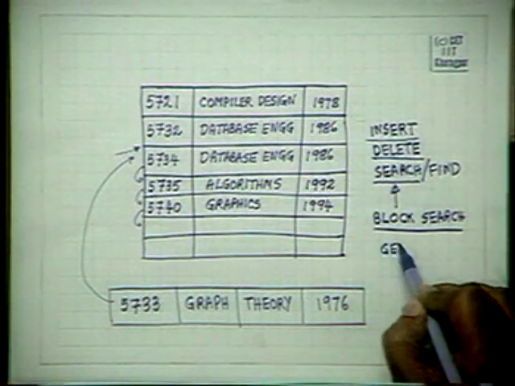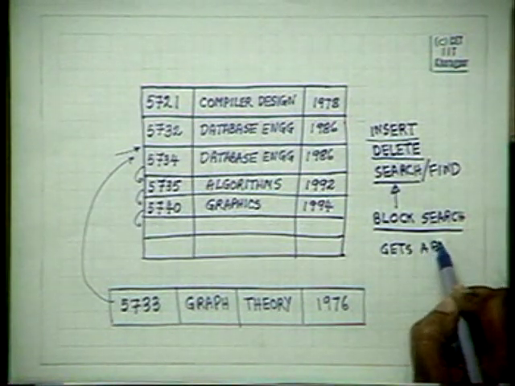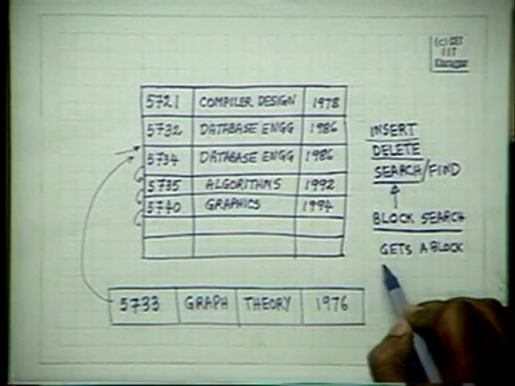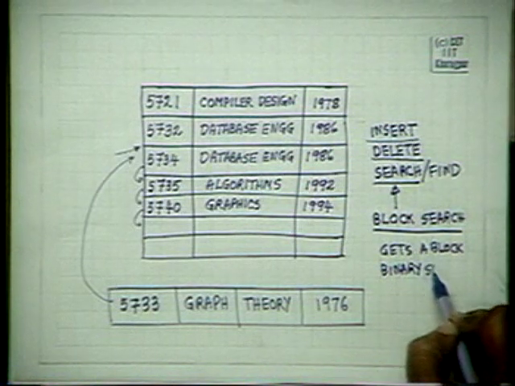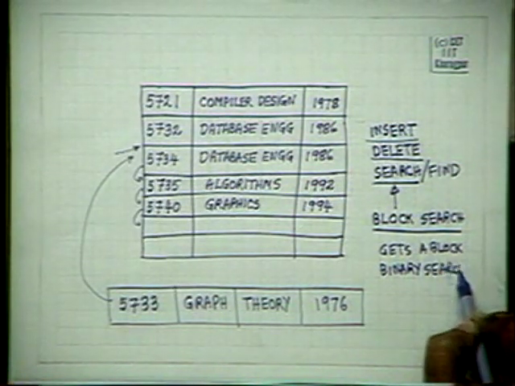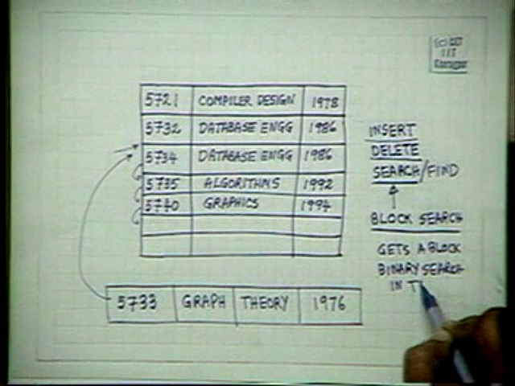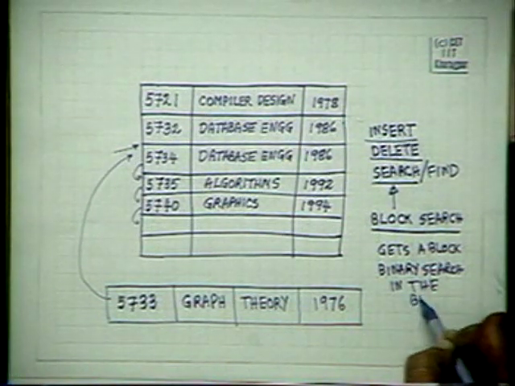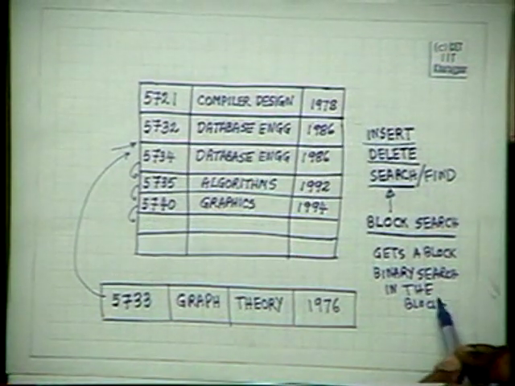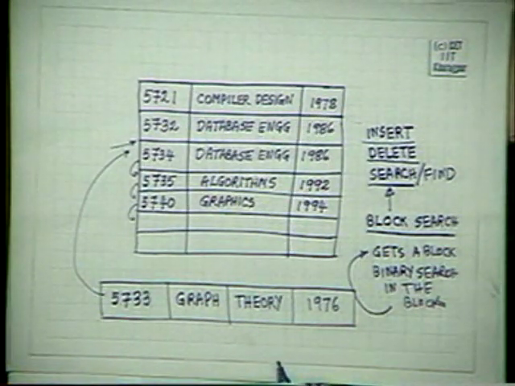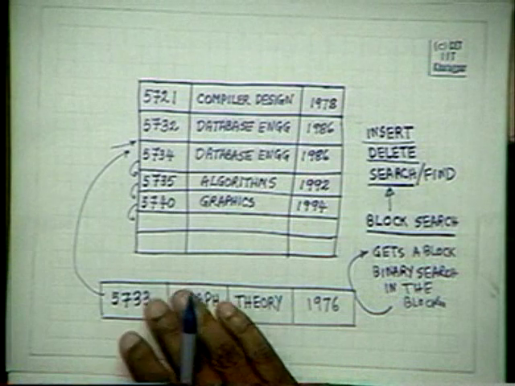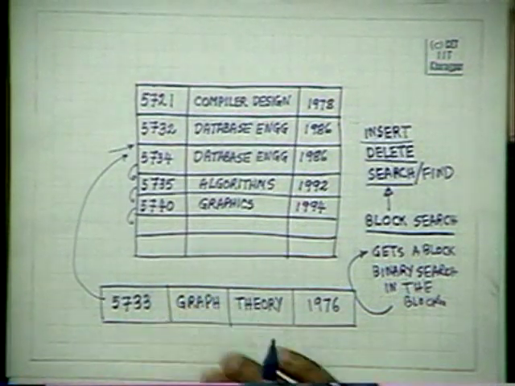in the sense that it gets a block and does a binary search in the block. If the record is found, you stop, otherwise you continue. This is how it is slightly different.